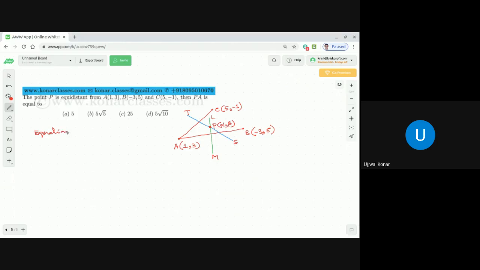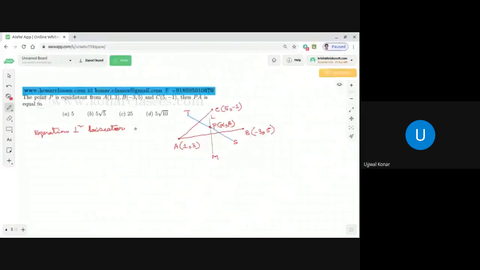The equation of the perpendicular bisector of AB is what?